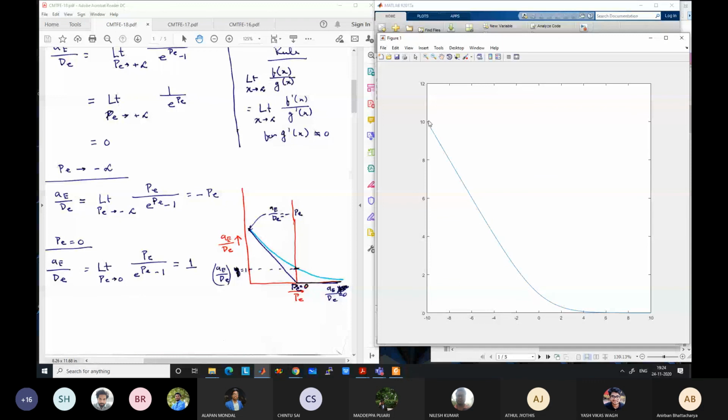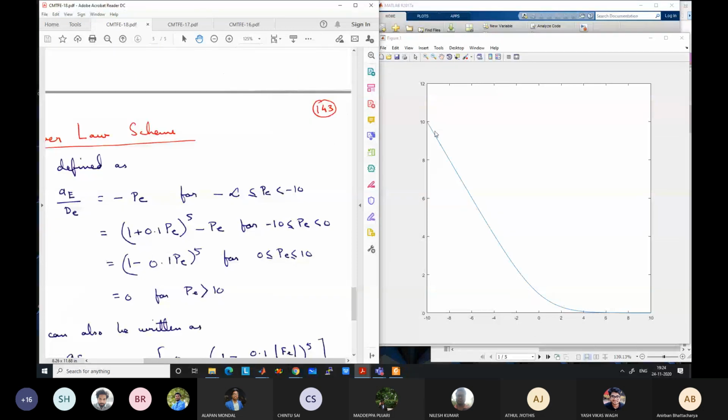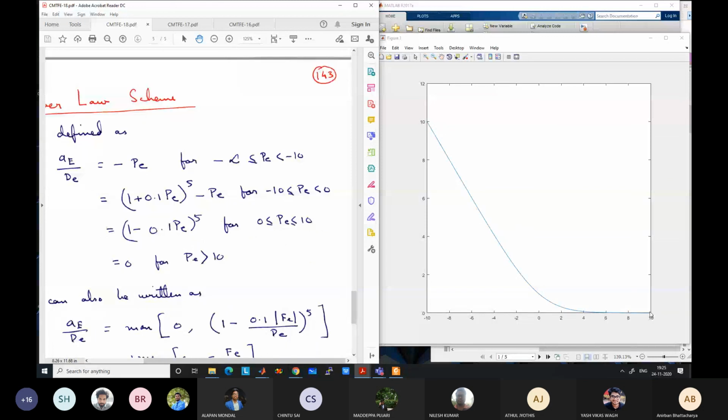Means at -10 there is almost no difference with the power law scheme. It is almost equal at -10, and it also very rapidly goes to +10. So power law scheme will be very accurate. There will be some difference at -2 and +2 with the hybrid scheme. It is seen from here, because for the hybrid scheme at +2 the value is 0, and here there is some difference. But the power law scheme, you can plot the power law scheme and check also that it should mimic this scheme very nicely.